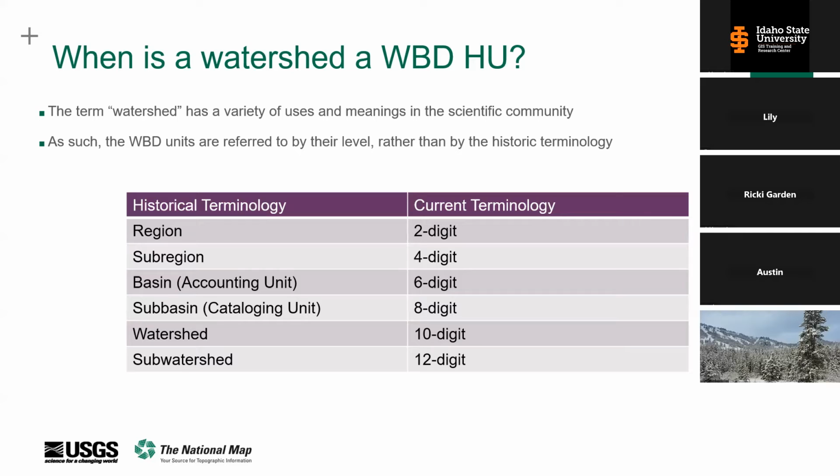So we just wanted to clarify a little bit of that terminology, since some of you may have been using the WBD for a while, so you may be familiar with some of that historical terminology. Now, in our WBD standard, the newest version that we released, all of the terminology reflects the current terminology. So that really is what we're using moving forward for all of the hydrologic unit levels.